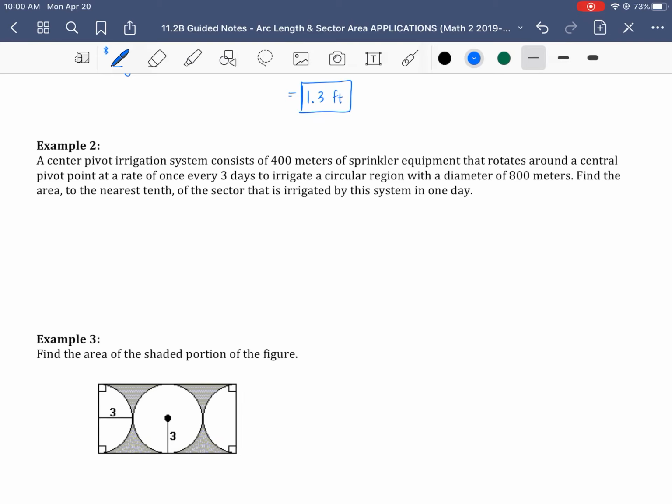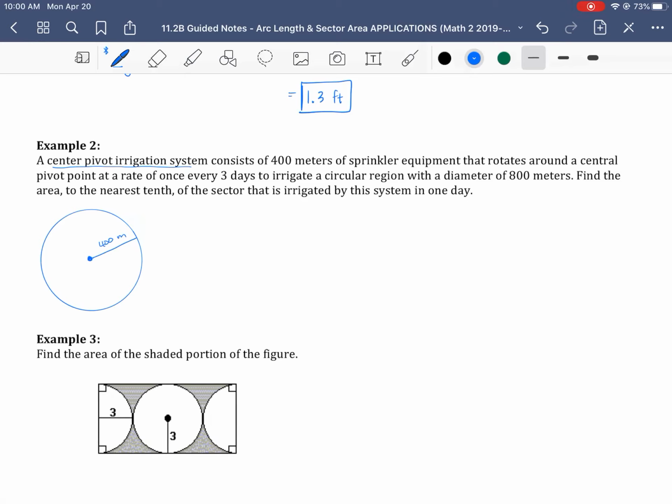Example 2 says a center pivot irrigation system consists of 400 meters of sprinkler equipment. Okay, again, that center pivot irrigation system, that's what we talked about before when you have a circular field, and I'm going to draw a circle right here. And it looks like they have sprinklers that hook at the center, right, and then they go out, and it's telling us it's 400 meters of equipment here, and then that rotates all the way around the field to water the whole field.